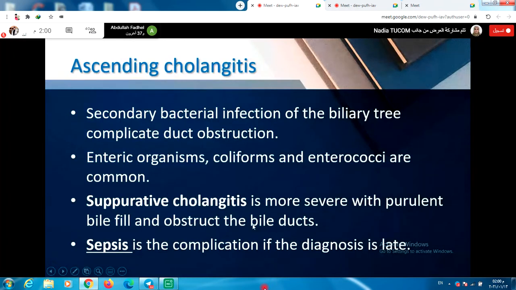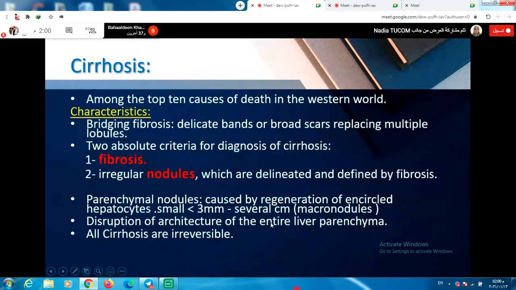Suppurative cholangitis, in which there is pus formation, and abscessing cholangitis with severe purulent bile obstructing the intrahepatic biliary ducts. And sepsis is a late complication, transmitted through the blood, with separation and an infective focus.